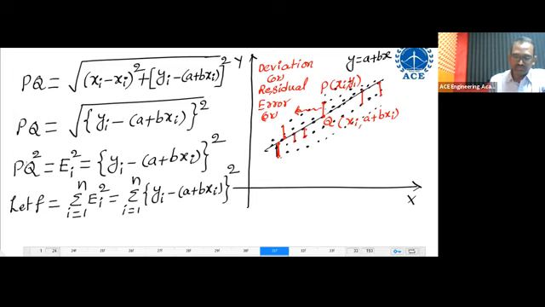So PQ is the error, and PQ whole squared is the error value squared. That is the square of the error. The error is squared and then minimized. That's why it is called the least squares method: squaring the error and minimizing the error.